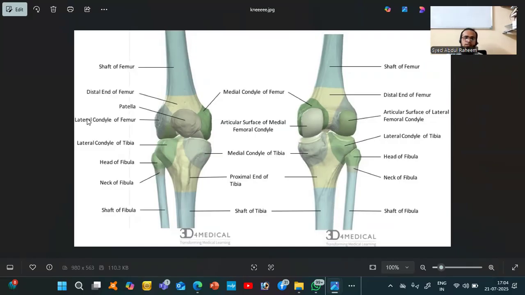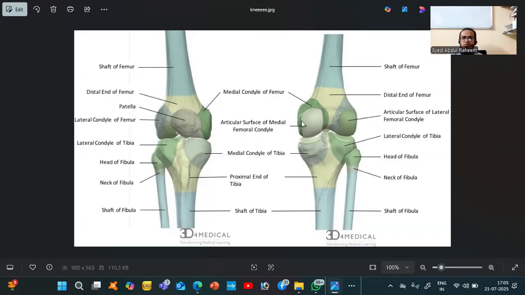You can see the femur's lateral condyle and medial condyle, and this is the distal end of the femur. Then the lateral condyle of the tibia, medial condyle of the tibia, head of the fibula, neck of the fibula, shaft of the fibula, and shaft of the tibia. All these are on the back side.